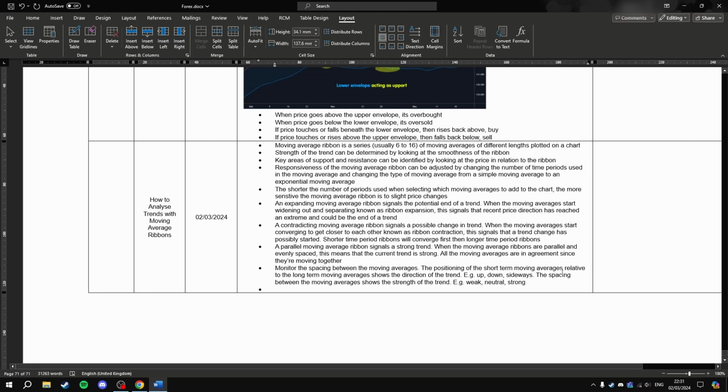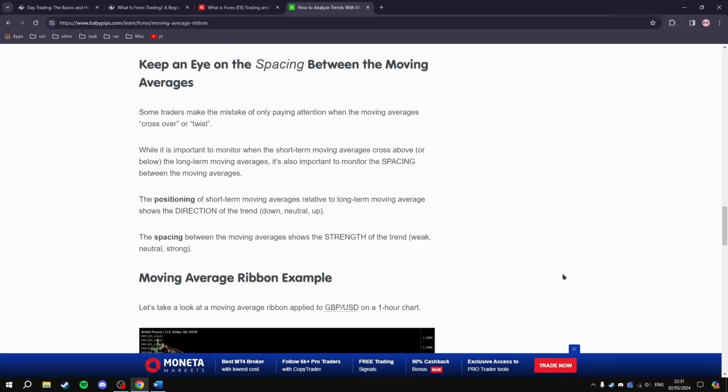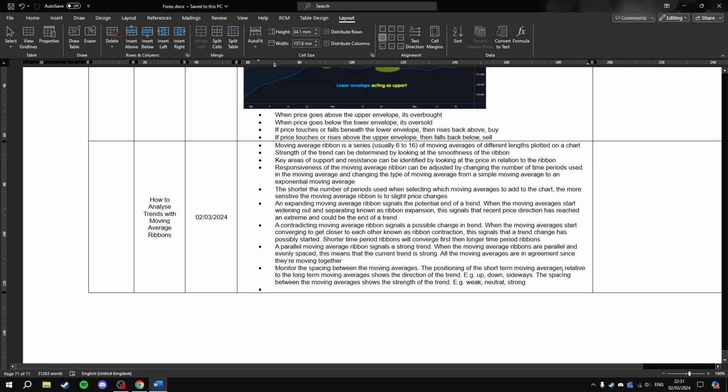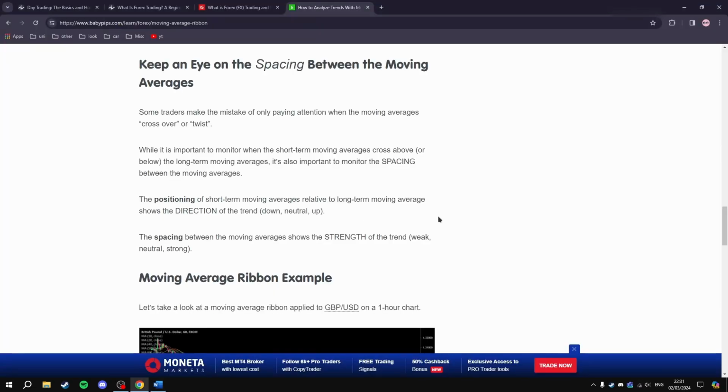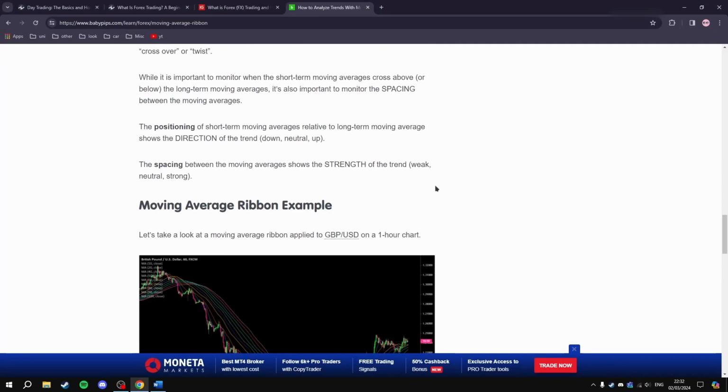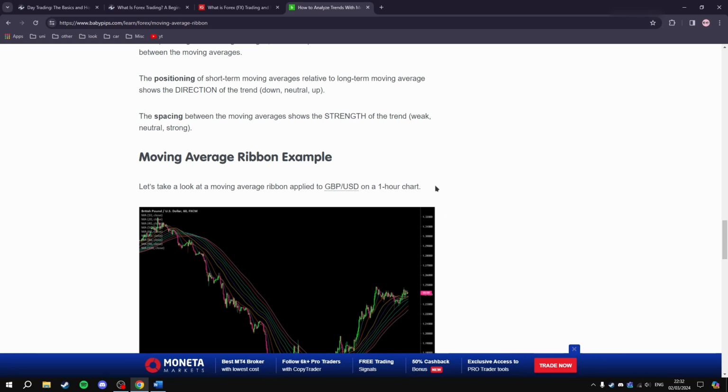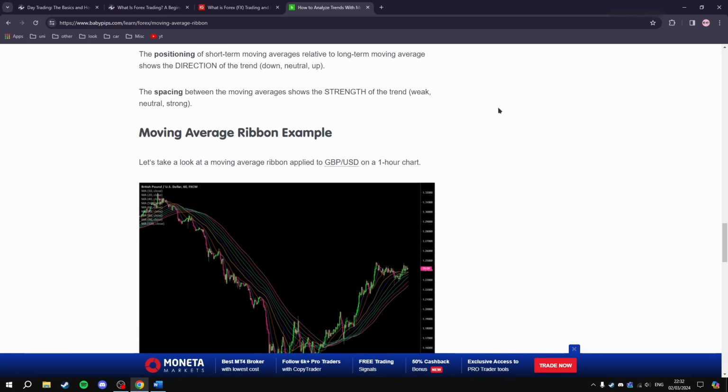So the less spacing there is, the stronger the trend, right? Because they're all huddled up together, so they basically confirm each other. Whereas if they're really far apart, then they all have different opinions, so the trend isn't really confirmed.